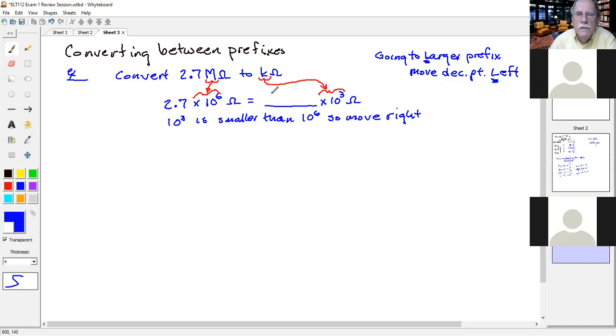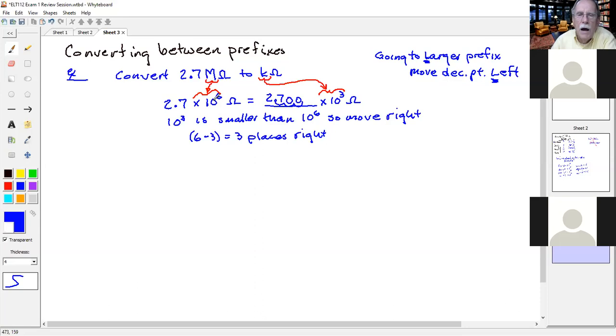So I write my 2.7, and I know I'm going to move right. The number of places we move is the difference between these two. So 6 minus 3 is 3. So move 3 places right. So we're going to move 1, 2, put in a 0, 3, put in a 0.